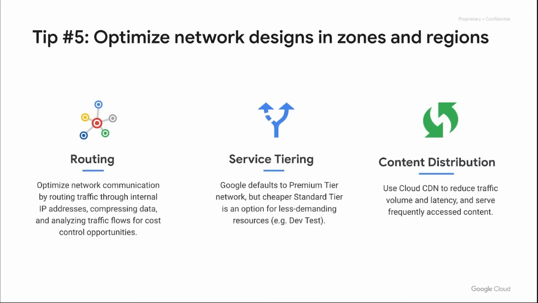You can use, for example, the Premium Tier, but you have a cheaper option, the Standard Tier, for less demanding resources. And you can use Cloud CDN to reduce traffic and volume with low latency. For example, to deliver your content more easily to the final user, you can take advantage of CDN.